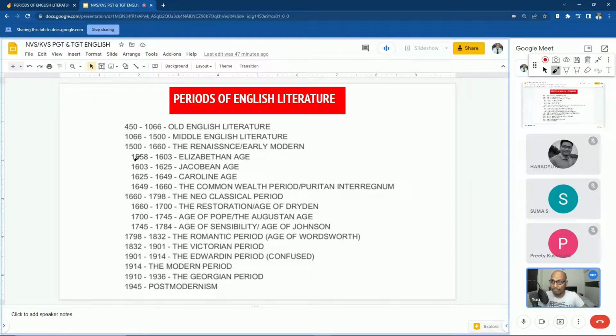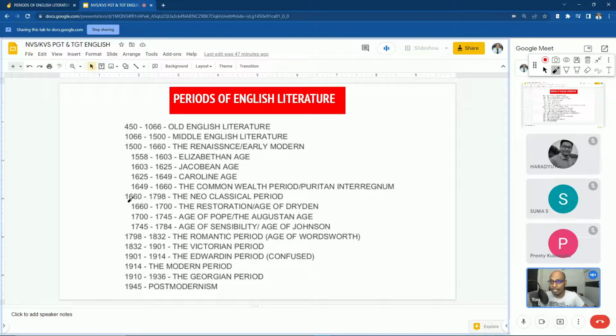First, from 1558 to 1603 is the Elizabethan age. Then 1603 to 1625 is the Jacobean age. Then 1625 to 1649 is the Caroline age. Then from 1649 to 1660, the Commonwealth Period or Puritan Interregnum.